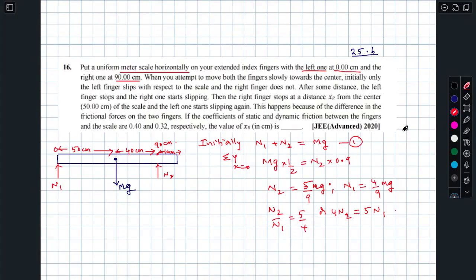When you attempt to move both the fingers slowly towards each other, when my fingers are trying to move towards each other, on this friction, what are the frictional forces? That's what I need to know. I need to know the frictional forces.